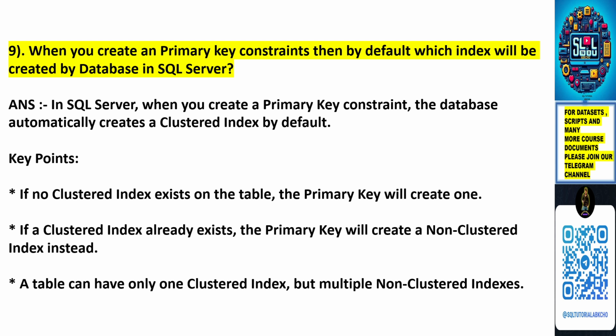Okay, and if a clustered index already exists, the primary key will create a non-clustered index instead. So this is clear, as we discussed previously. Not the clustered index. And the third point is a table can have only one clustered index but multiple non-clustered indexes. Okay, now move on to the next question.